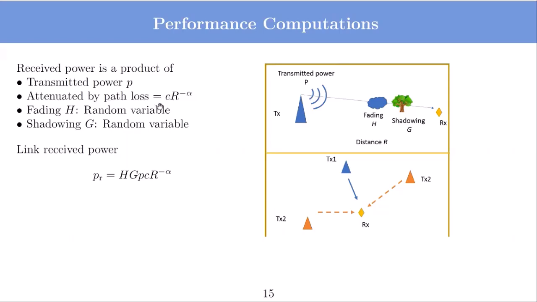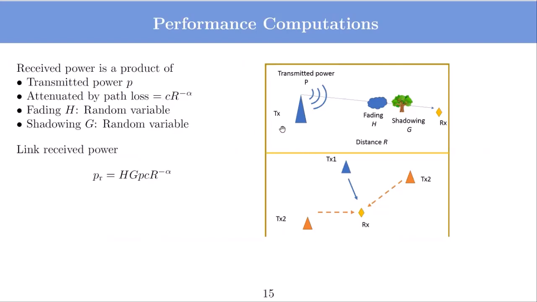It is generally modeled as some constant C multiplied by distance to the power minus alpha. Alpha and C are path loss coefficients. Alpha is known as the path loss exponent and C is known as the near field gain. So if we multiply P with C r^-alpha, this will give you the attenuated power.